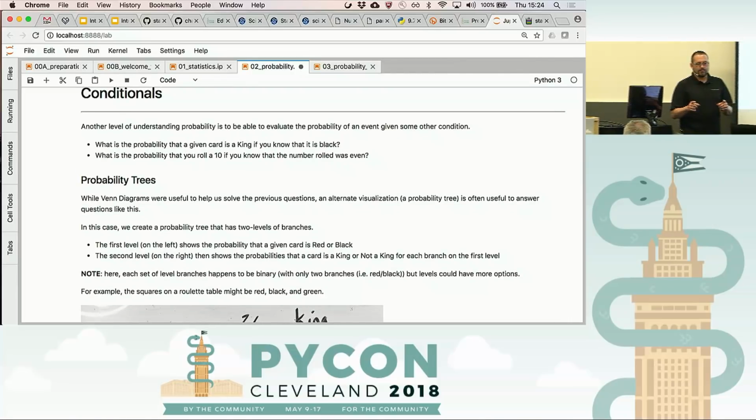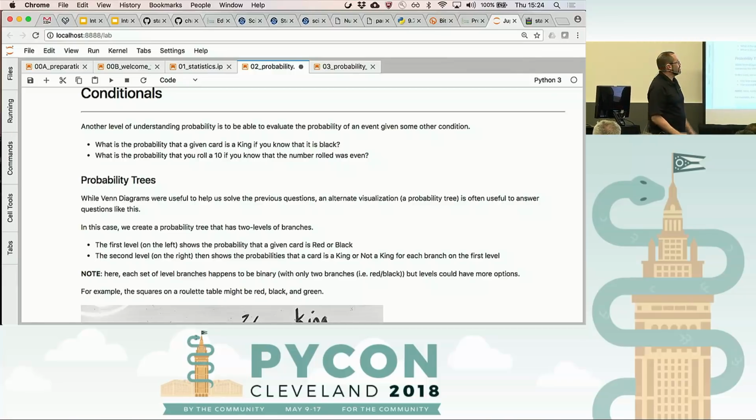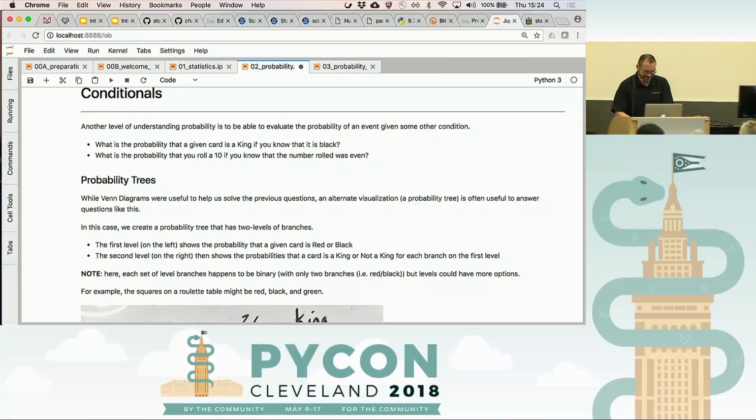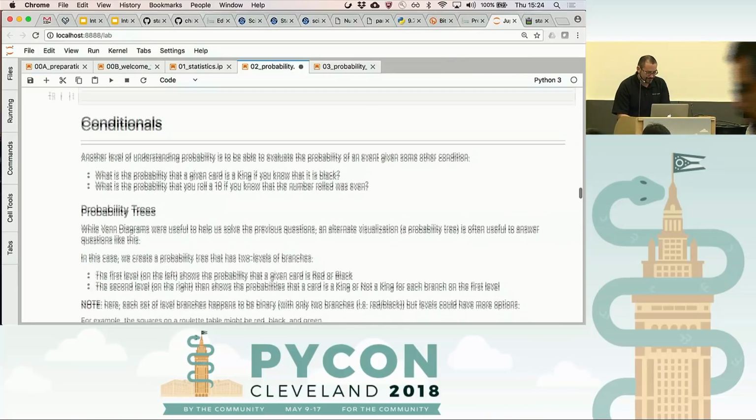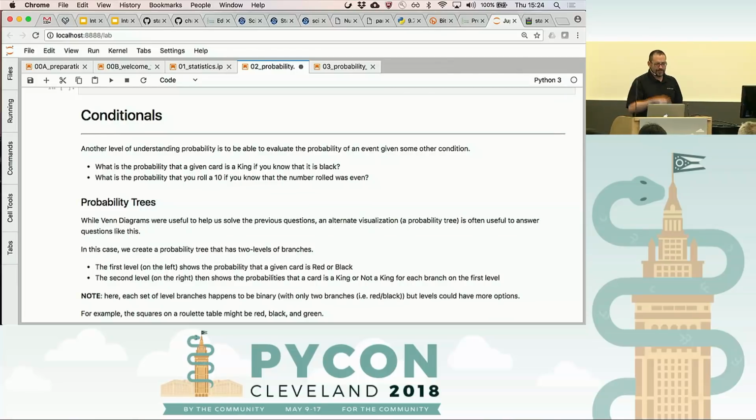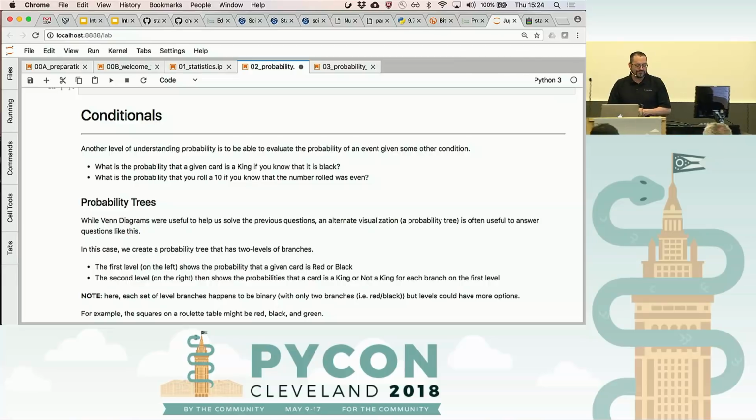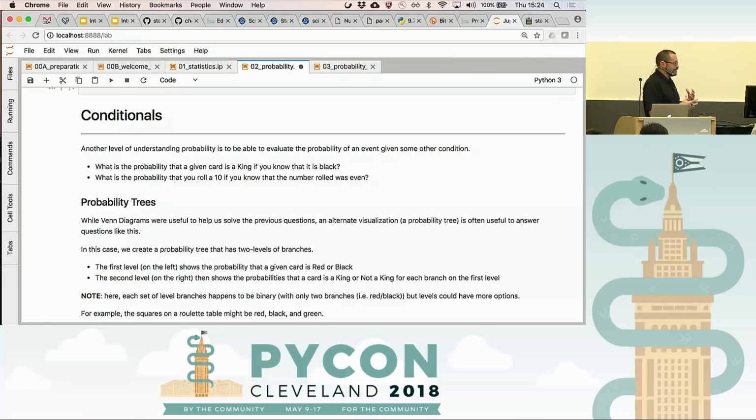Based on the fact that the code may be horribly wrong in some incredibly awesome way, we're just going to skip those exercises and move on. Let's talk about conditionals. During the next break, I'll take a look at that and try and figure out where my math and all of that stuff went awry. All right. Let's talk about conditionals, because this is going to lead to some fun stuff.